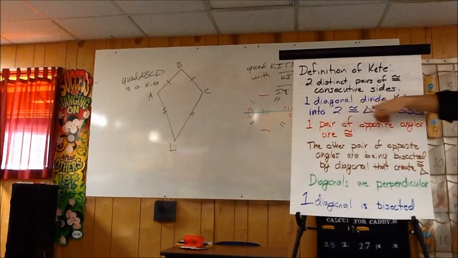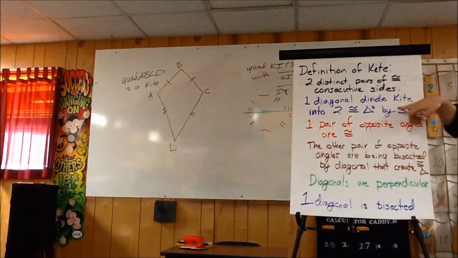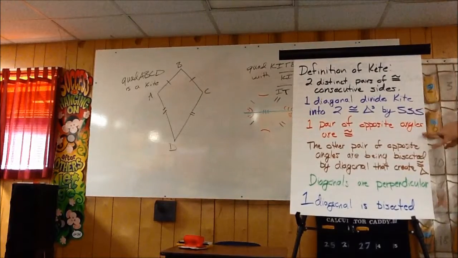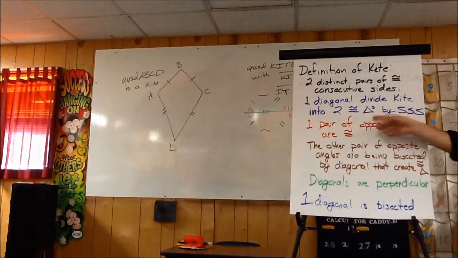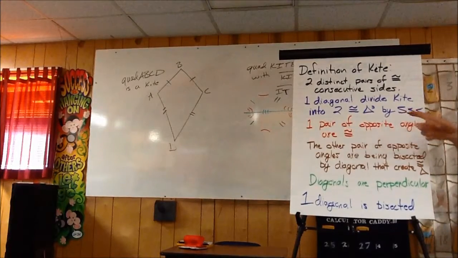This is the one diagonal that cut it into two congruent triangles by side, side, side. Then we used CPCTC to learn this information, that one pair of opposite angles are congruent, and then the other pair of opposite angles were being bisected by the diagonal that created those two congruent triangles.